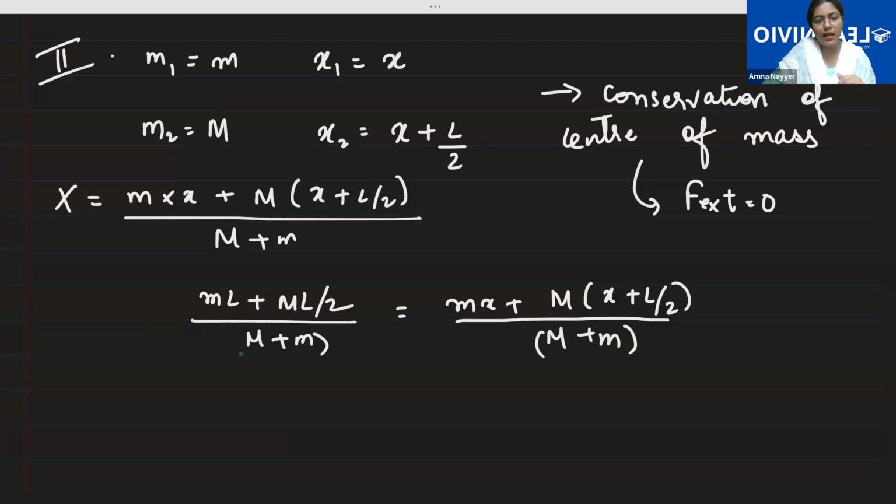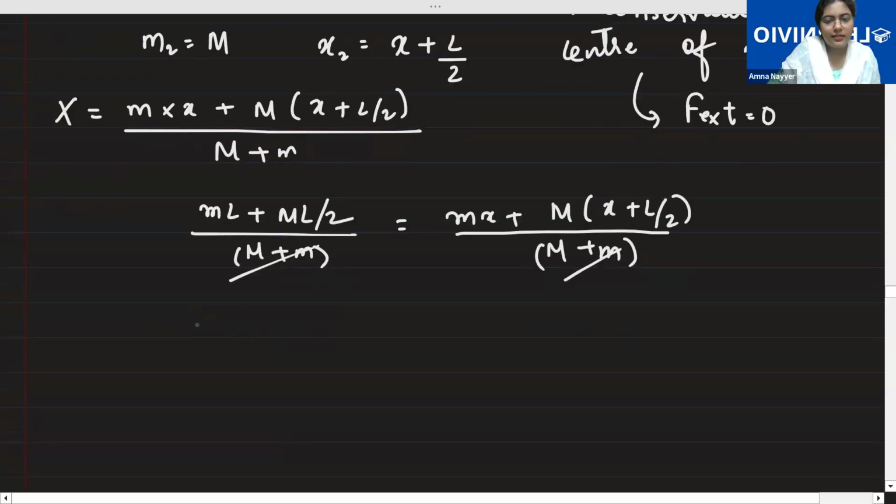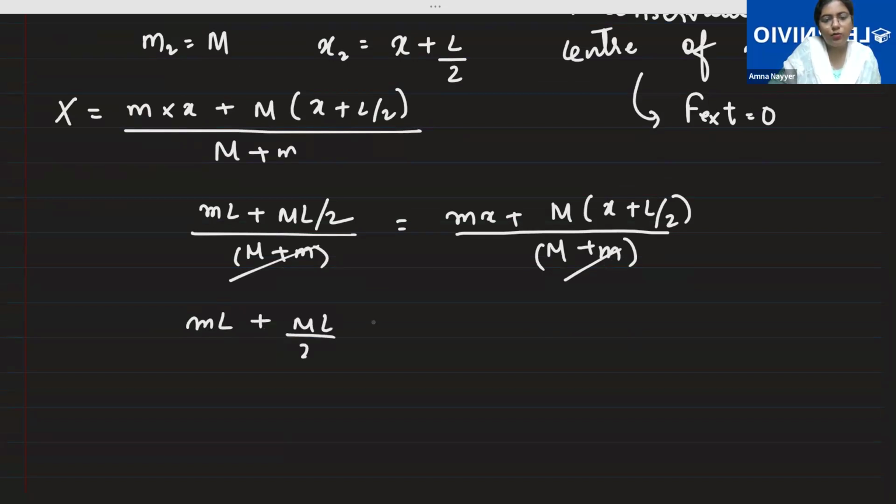The denominator will be cancelled. That makes ml plus ml by 2 equal to mx plus this. Also we can open up the bracket: mx plus ml by 2. Shift everything on the opposite side.